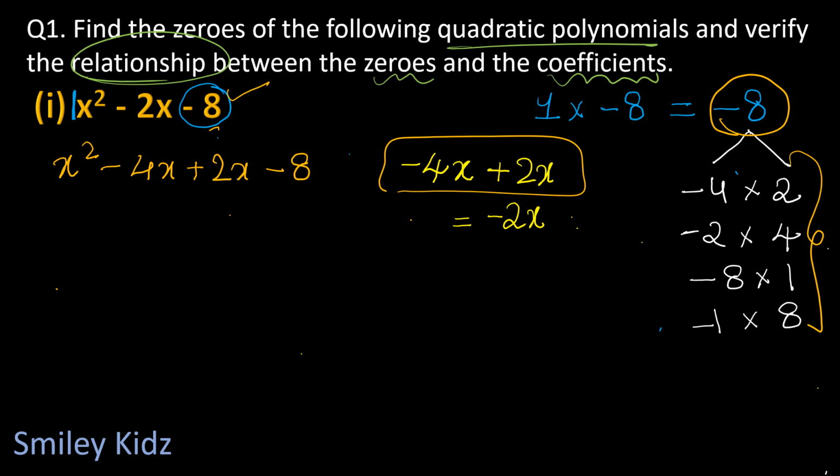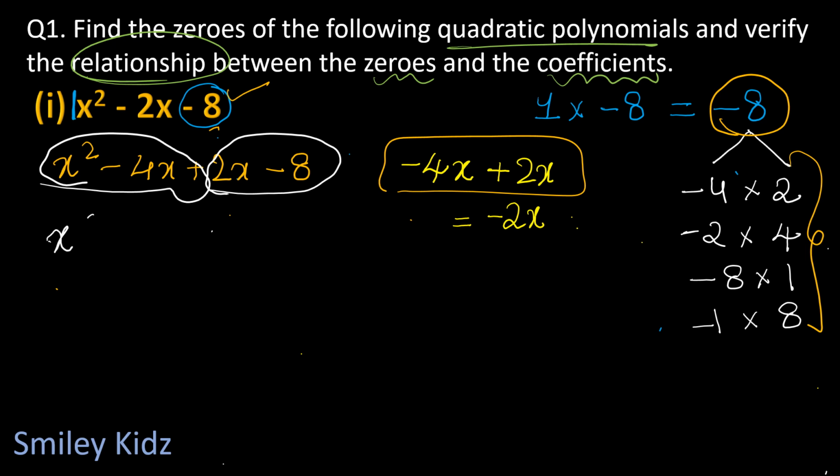Now we're going to further solve this. We have x square minus 4x plus 2x minus 8. Now in the first one, that is x square minus 4x, and 2x minus 8. In the x square minus 4x, I can take out x common, isn't it? And in brackets we have x minus 4. In 2x minus 8, I can take out 2 common, right?